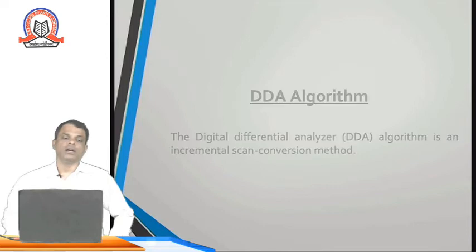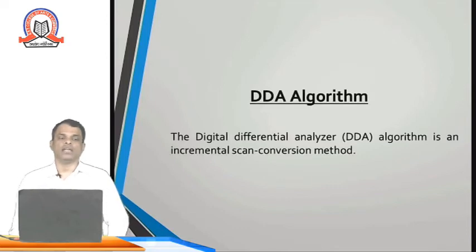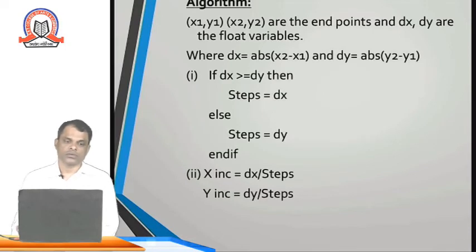Now over here we will discuss the DDA algorithm. The digital differential analyzer, DDA, algorithm is an incremental scan conversion method. As I discussed, we should have the start point and the end point. We will find the differences, that is dx and dy.